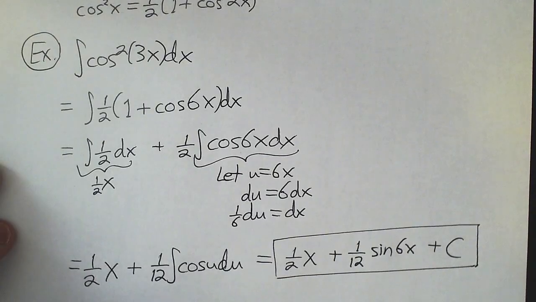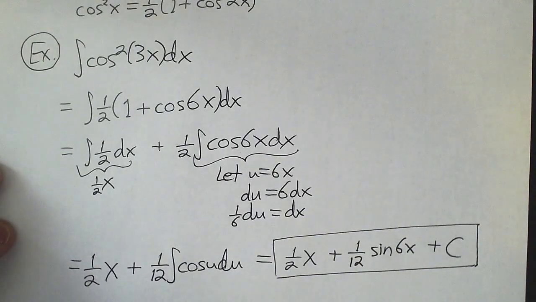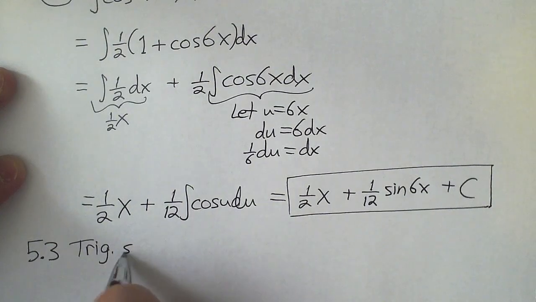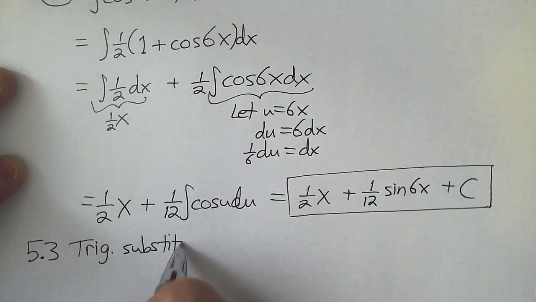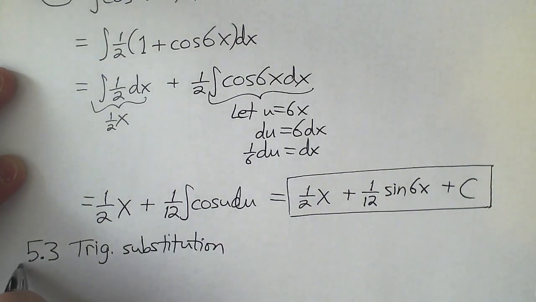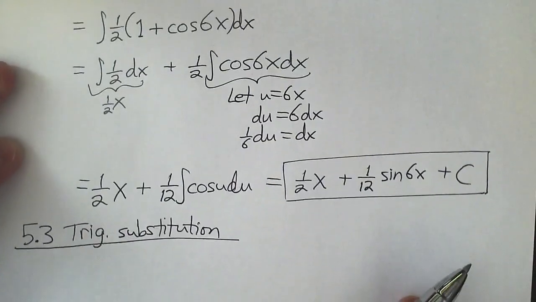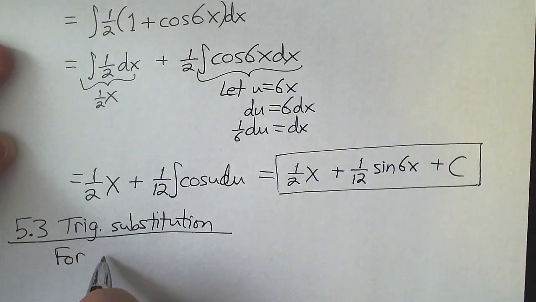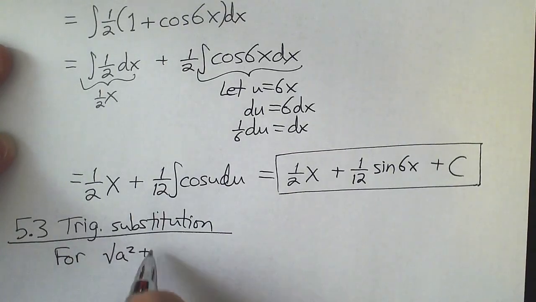For 5.3, also trig, I might not do an example of that right now. But I know that there is one in that packet I gave you. So trig substitution, what's the important thing to remember for this section? It's that there were 3 different cases.